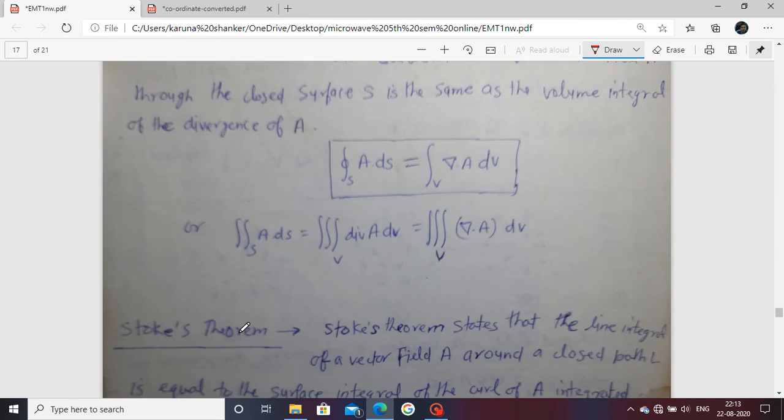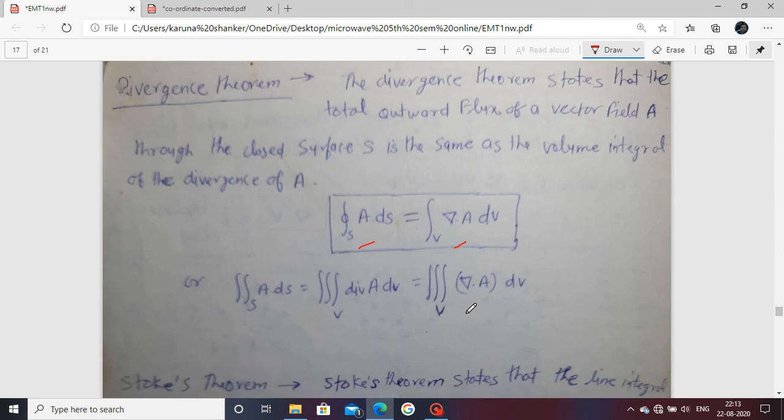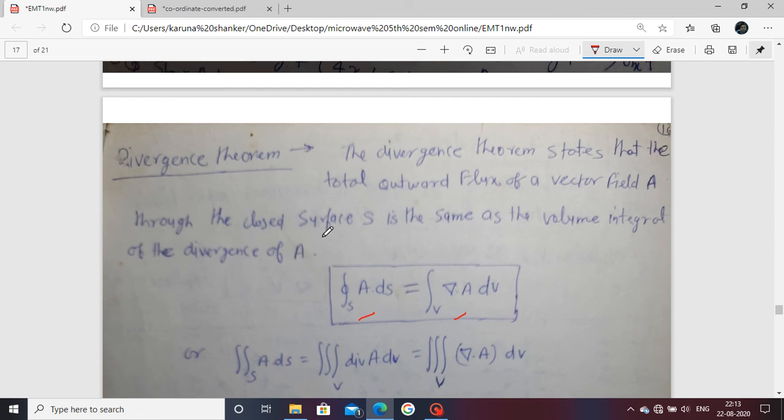Okay. Next move to divergence theorem. Divergence theorem is used to transform a surface integral to a volume integral, and next Stokes theorem transforms a line integral to a surface integral.